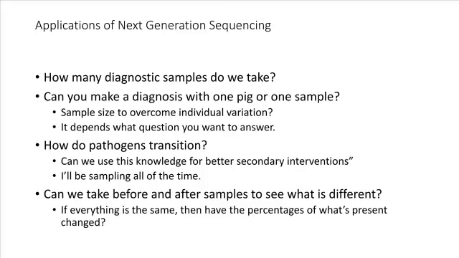What about if everything's the same? You take samples to establish what normal is, now you have sick pigs, and everything you find in there is the same, but perhaps it's just a percentage difference. For example, rotavirus normally has a certain profile, and all of a sudden, instead of 5% of the fecal sample, now you've got 35%.